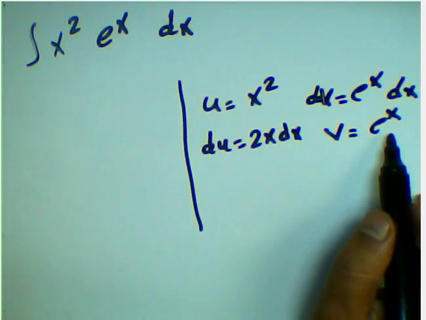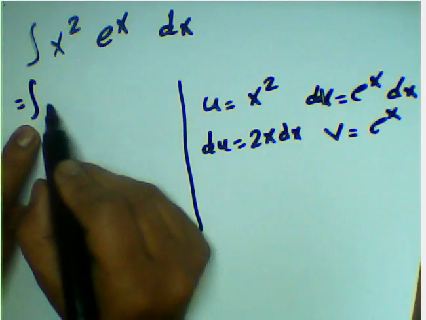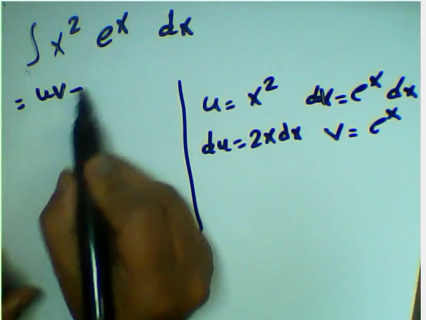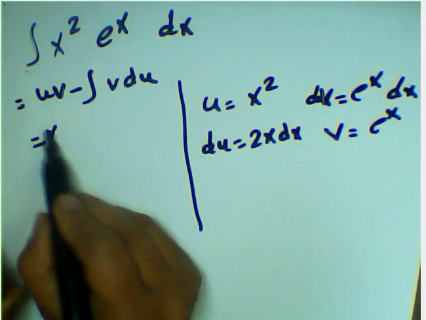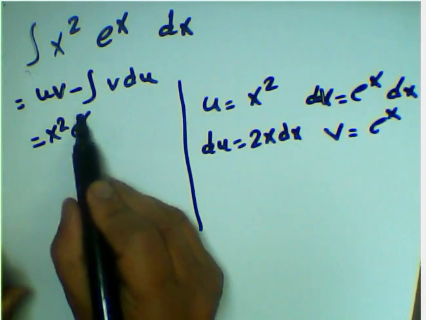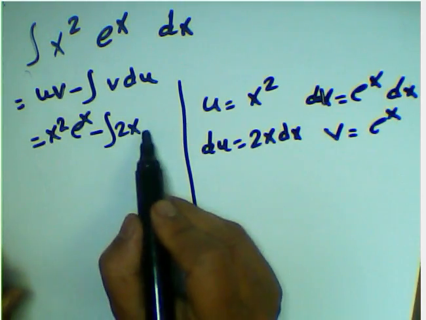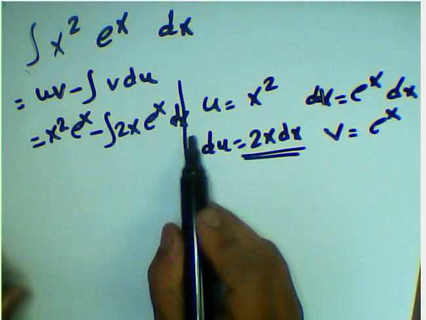Using the rule, write the result all the time: uv subtract the integration of v du. So x power 2 multiplied by e power x subtract the integration of e power x multiplied by 2x dx.